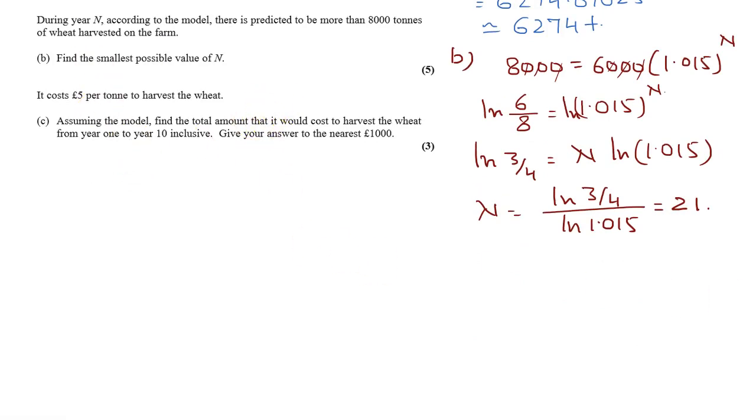Part C. Assuming the model, find the total amount that it would cost to harvest the wheat from year 1 to year 10 inclusive. Give your answer to the nearest 1000.